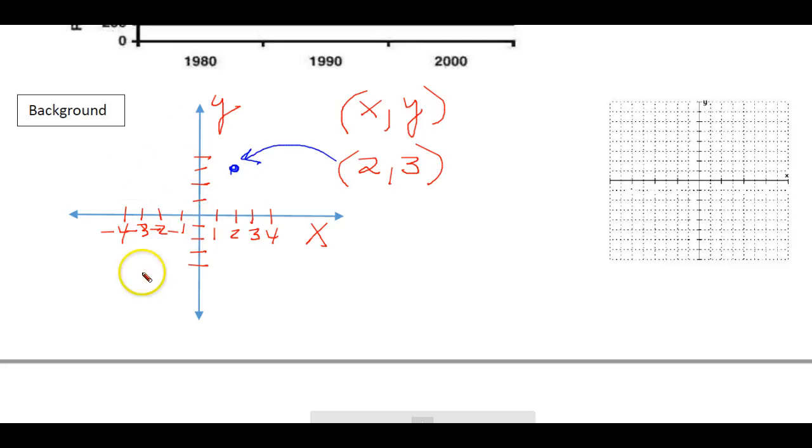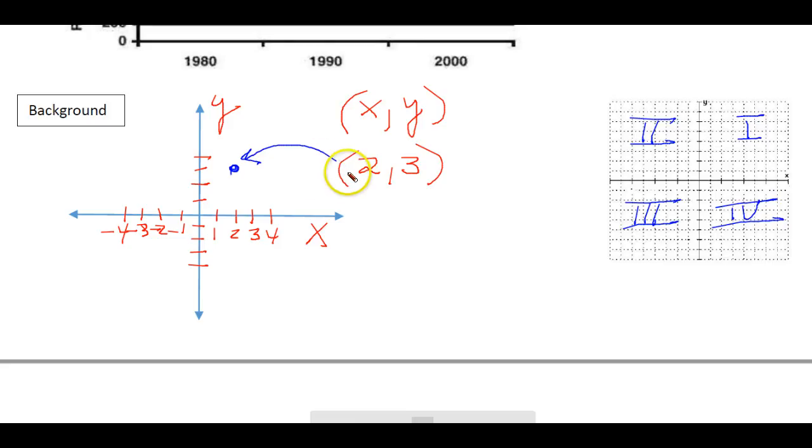Now notice the graph divides the plane into 4 regions, which are called quadrants. This is the first quadrant, the second, the third, and the 4th, and we use Roman numerals to designate the quadrant.